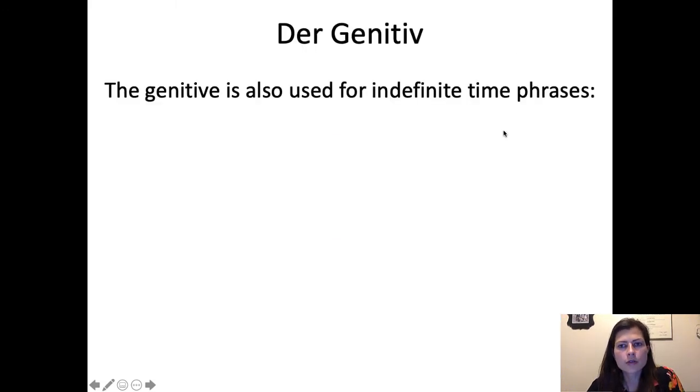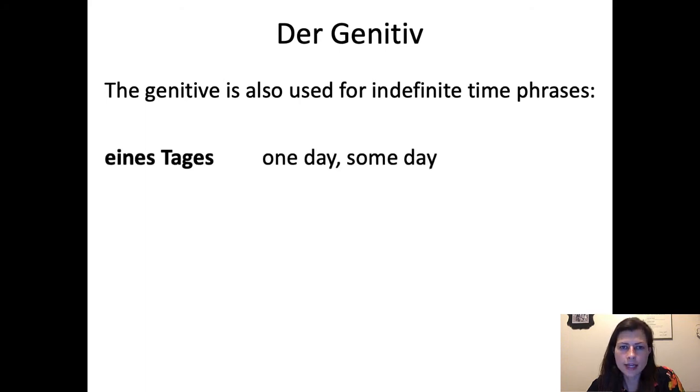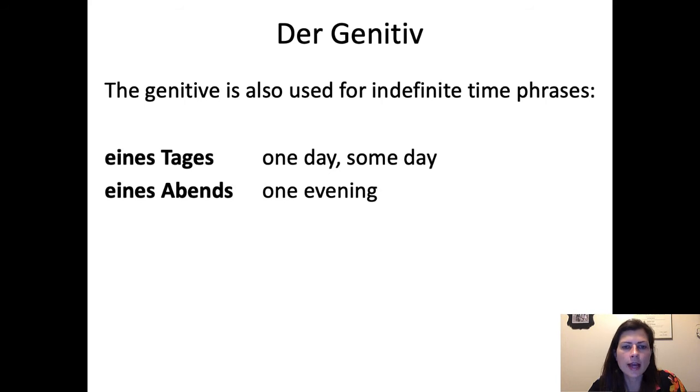Okay, so the genitive is also used to talk about indefinite time phrases. Eines Tages could be either in the past or in the future. One day I would like to do this, or someday, or you could say one day I woke up in this. So it could be any indefinite time. Eines Tages, eines Abends, one evening something happened, or one evening I would like to do this.